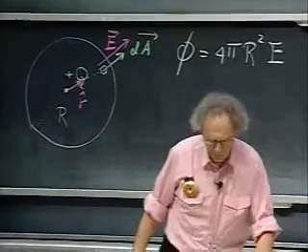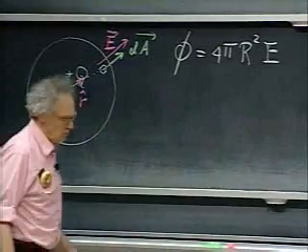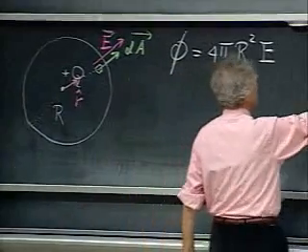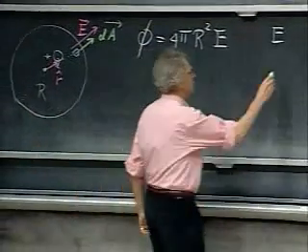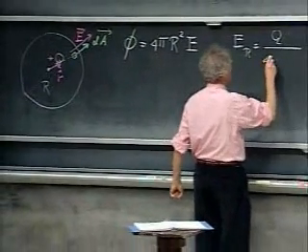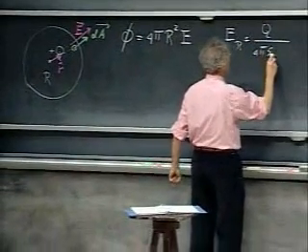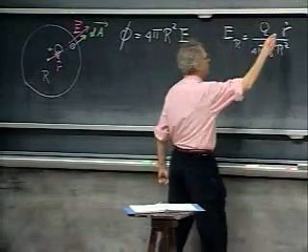Well, what is E? The electric field at this distance r equals Q divided by 4 pi epsilon 0 r squared times r roof. That gives me the direction.